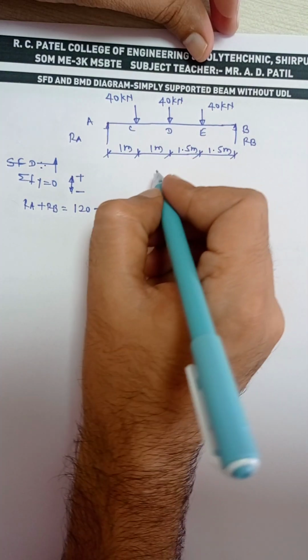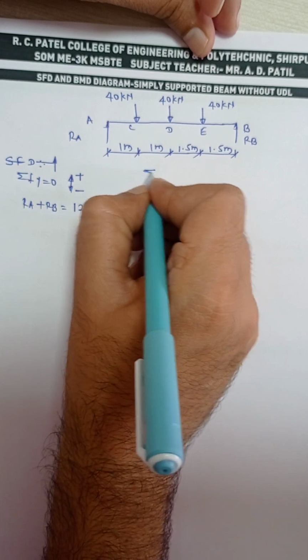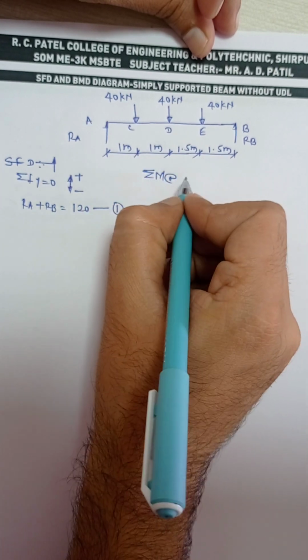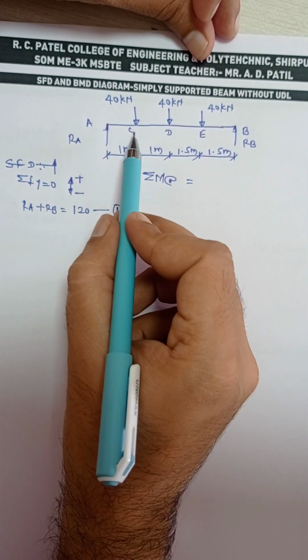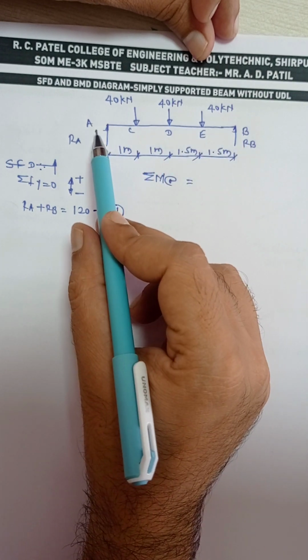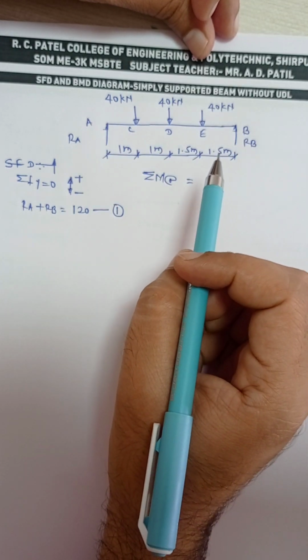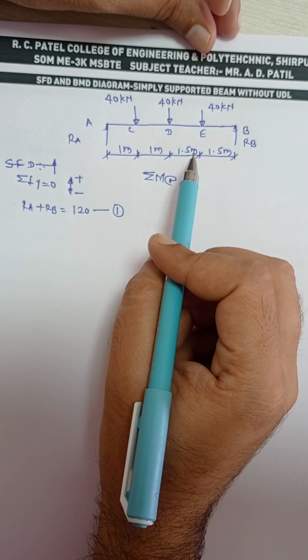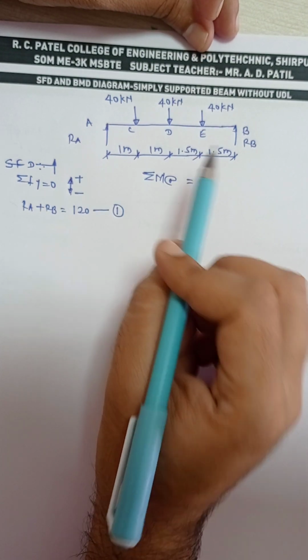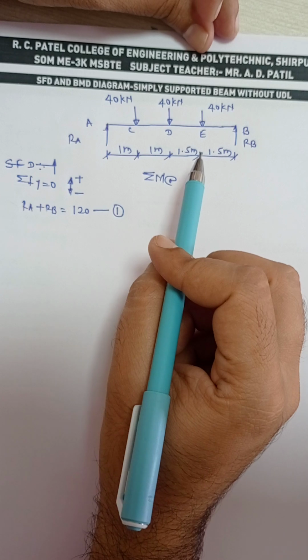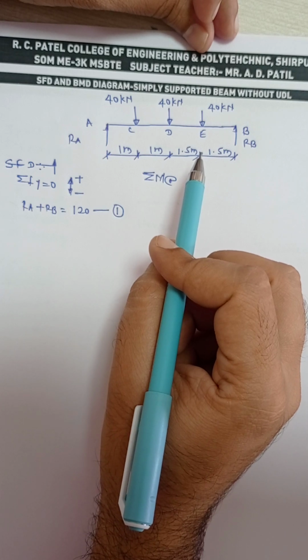Next is the summation of moment about reference point. Now A, C, D, E, B are all our reference points, but which one do we have to select? Select the reference point which is unknown.